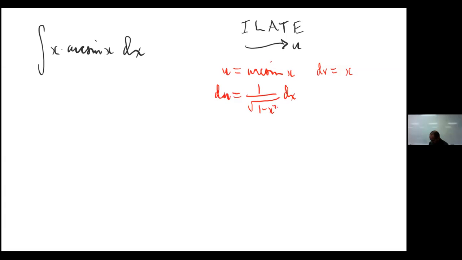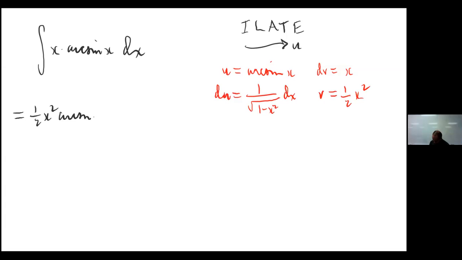Yes. And what is v? What is the antiderivative of x? 1/2 x squared. Yes.